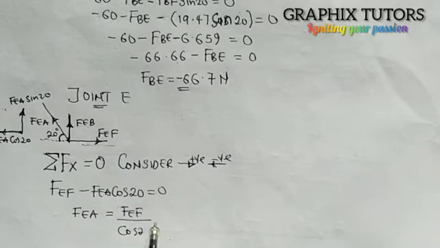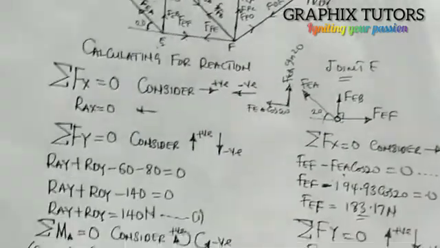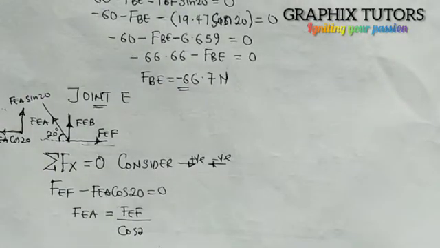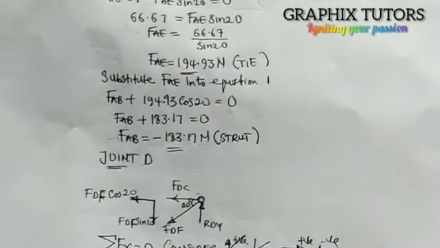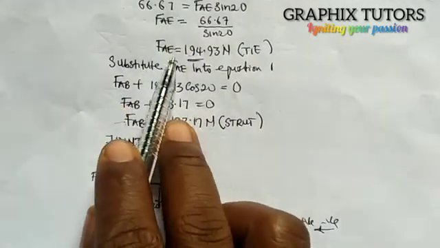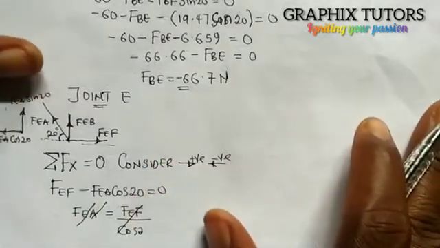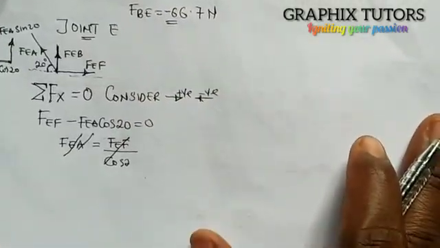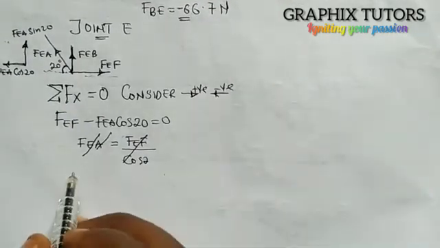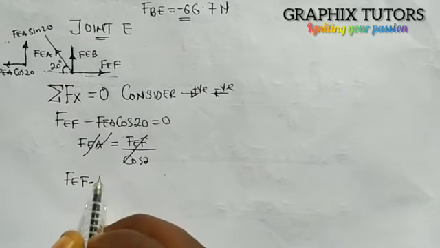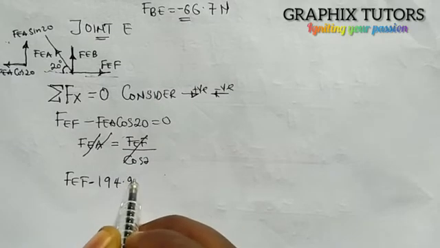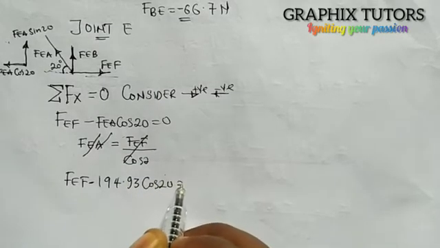FEA will give me FEF, or instead of that, what is my FEA? We've already calculated for AE, the same as EA. This is what we have here. So this is AE, the same as EA, and that is 194.93. So from here, my FEF minus 194.93 cos 20 equals to 0.